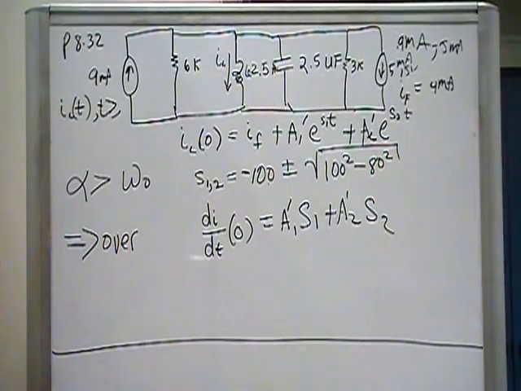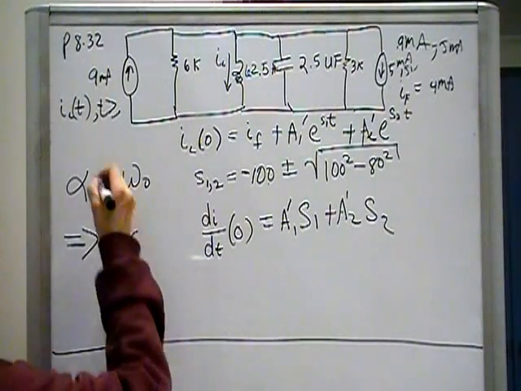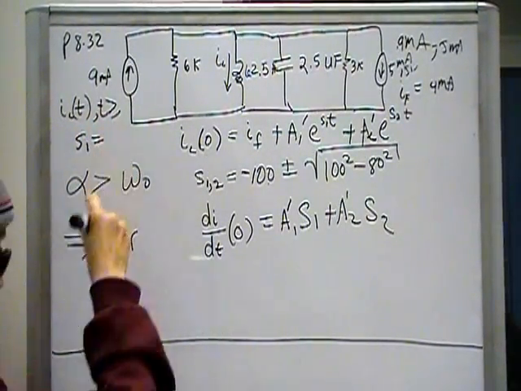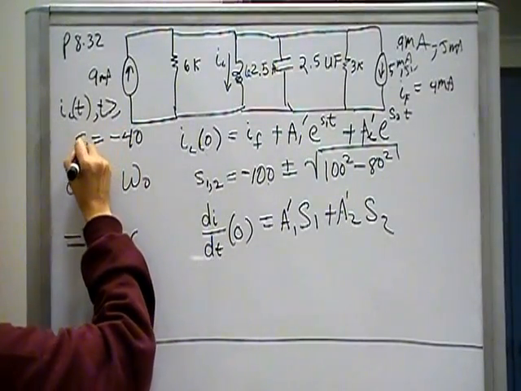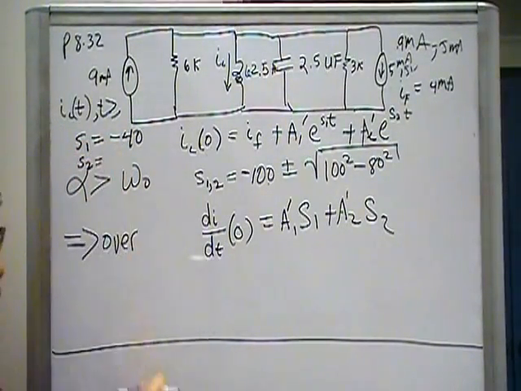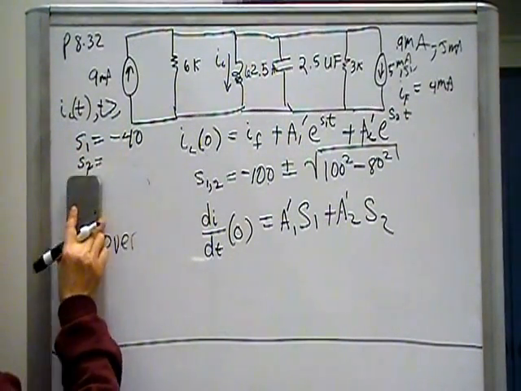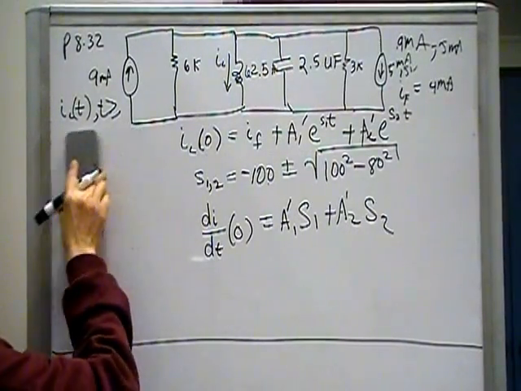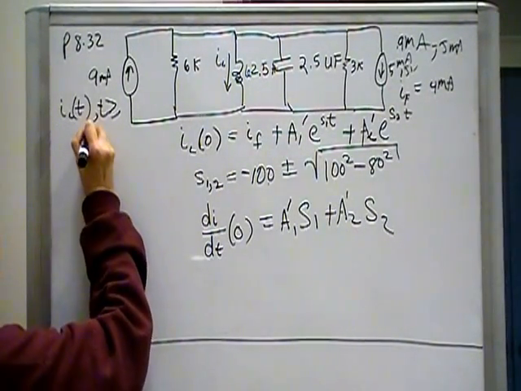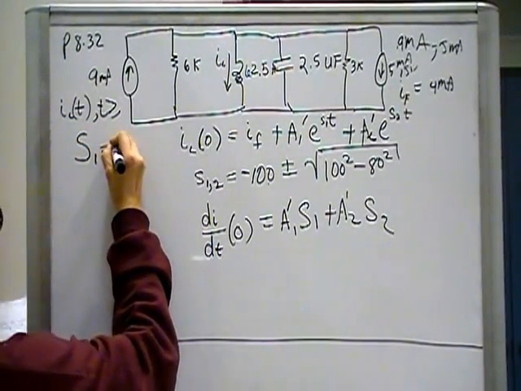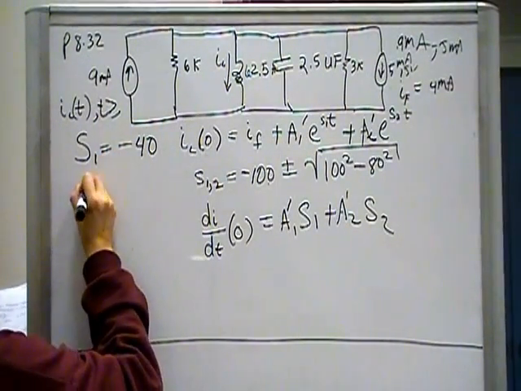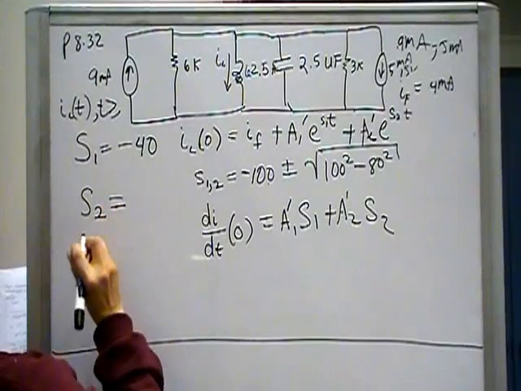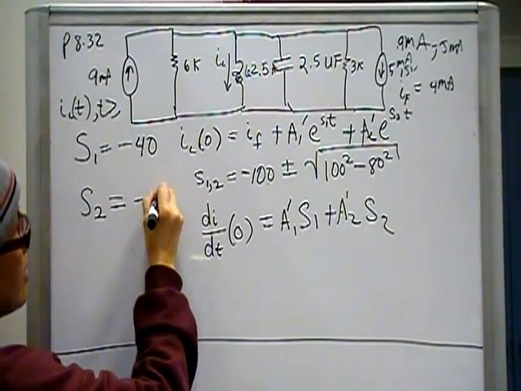And I claim that you should come up with S1 is equal to negative 40, and S2 is equal to negative 160. I don't have a lot of board space here, sorry about that.